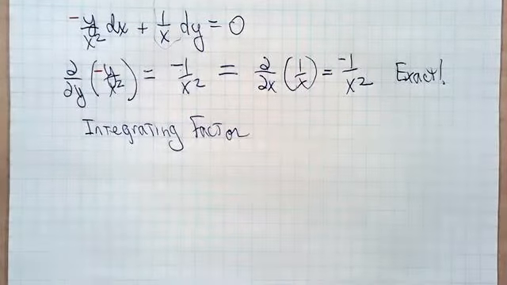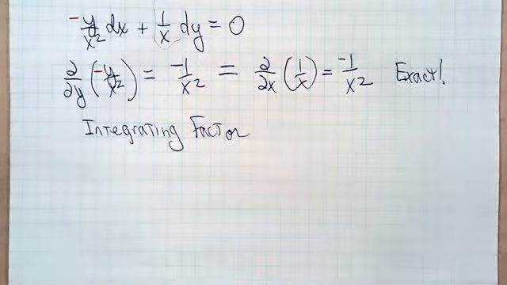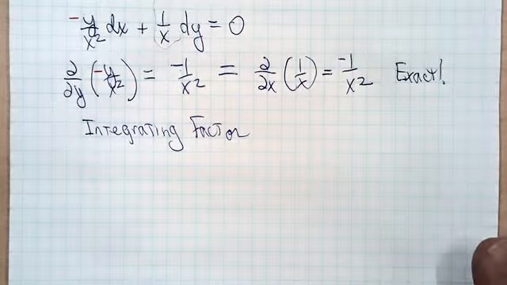But for now, if you can multiply through by something and turn the non-exact equation into exact, we call that factor an integrating factor. So it would be nice sometimes, if we start with a non-exact equation, if we could figure out how to come up with an integrating factor, right? So that's sort of the second level of working with exact equations.